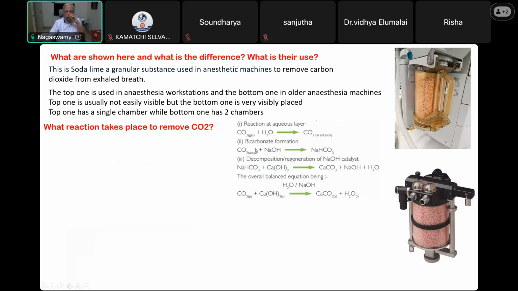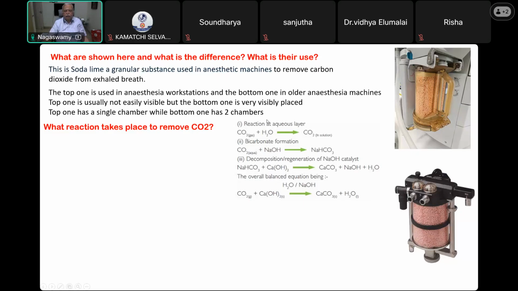That will break down to form bicarbonate and hydrogen ion, as you know, and that will mix with the sodium hydroxide first, and that will become sodium bicarbonate. So the second step is bicarbonate formation. Then this bicarbonate will react with calcium hydroxide to make calcium carbonate, and it will regenerate sodium hydroxide and water. So this is a decomposition or regeneration step.